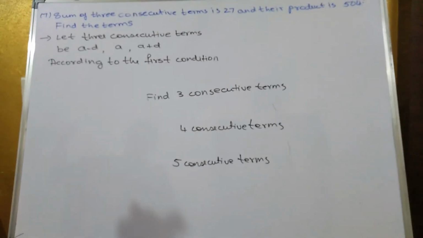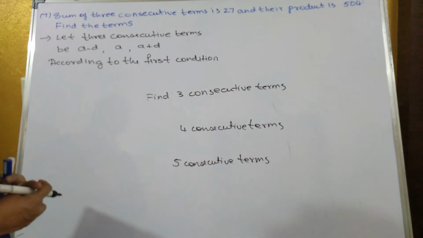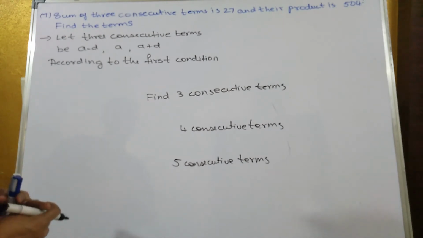Now, the sum of three consecutive terms is 27 and their product is 504. Find the terms.